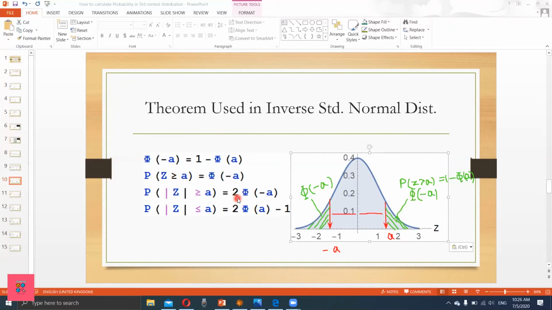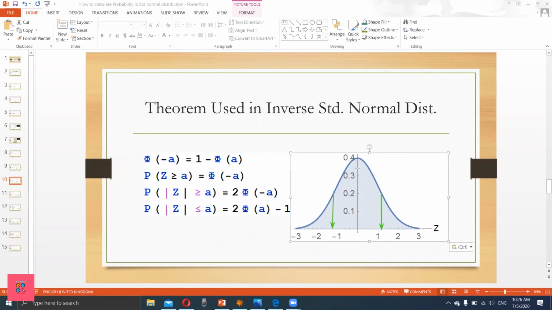But if we talk about the last one, probability z less than a, the less than sign gives you the area between 2 points. Again, this is, for example, minus a, and this is, for example, plus a. The shaded area in this case is between the 2 points, minus a to a.